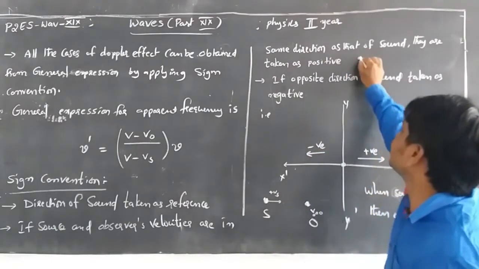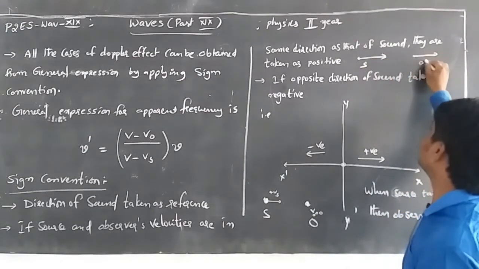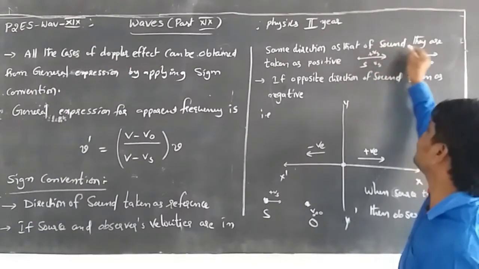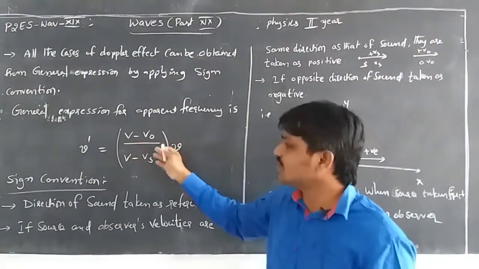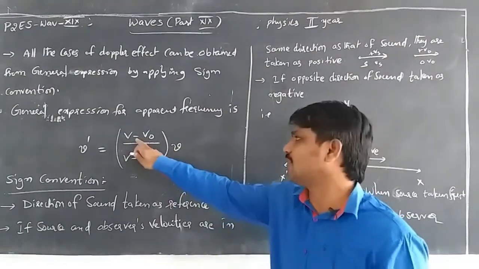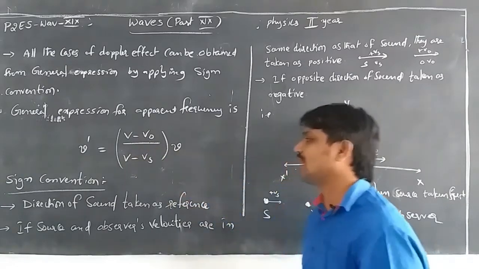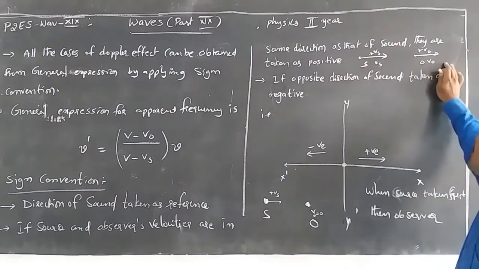Here the sound direction is in this direction and the observer's direction is also in this direction, so V naught and Vs are both taken as positive and substituted in the equation. We get the same equation because of minus of plus, minus of plus.